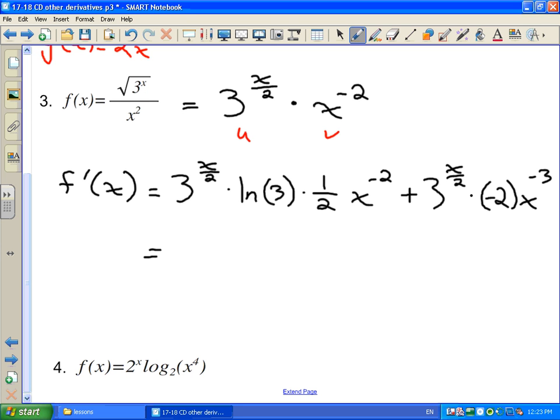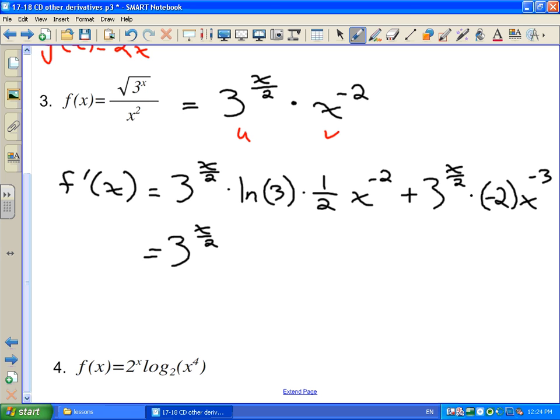Now let's look and see what we can factor here. You can always factor something out of these exponential derivatives because when you take the derivative, you get the original function back. So this part of this original function will always appear in both terms. So we can factor out the 3 to the x over 2. And what else can we factor out? We've got a power of x in both of them.